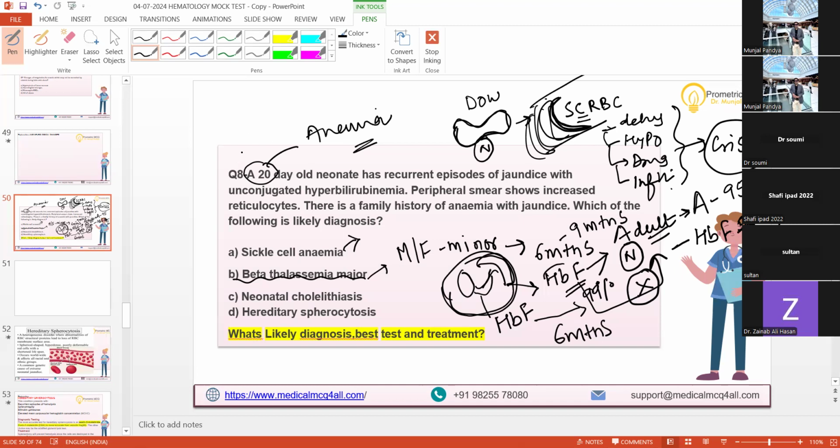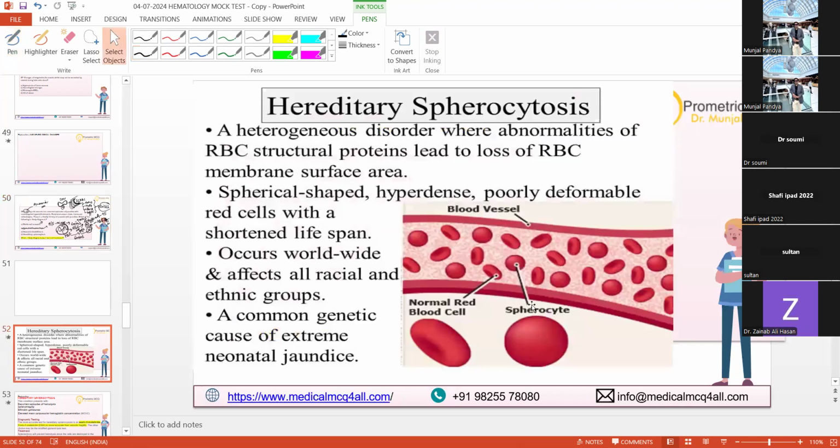So what is hereditary spherocytosis? Let me tell you in one more minute. This is the normal RBC, as I showed you in my picture. The RBC is dumbbell shaped, biconcave; this is a different angle picture. It converts now into a spherical shape, like a ball, a cricket ball or football.